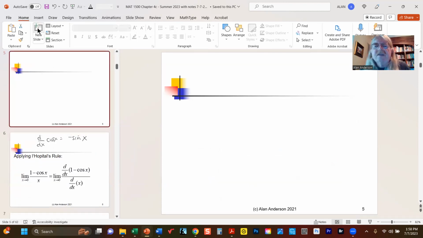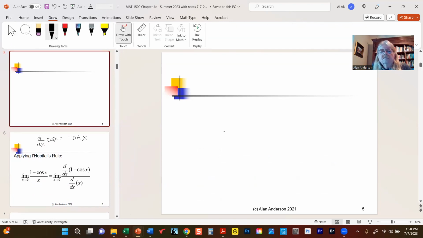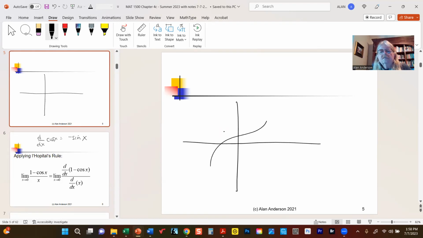Let's say, for example, we had something like this. We have some function, f of x, which has a discontinuity where x equals 3.